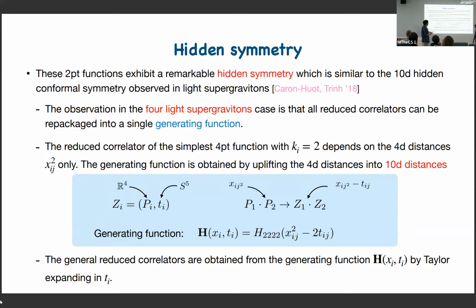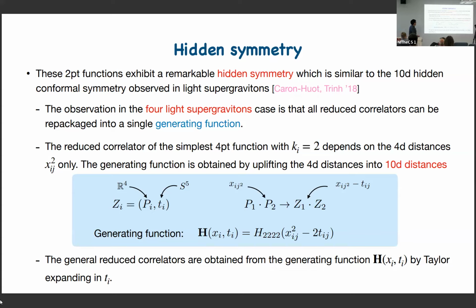More precisely, you can put together the embedding space vector, which is 6-dimensional, with the 6-dimensional null vector for the symmetry, so that you get 12 dimensions. And then you replace xij squared, which is essentially p1.p2, by z1.z2. And this 12 is 10 plus 2, right? So it suggests that this is the conformal invariant distance in 10 dimensions.